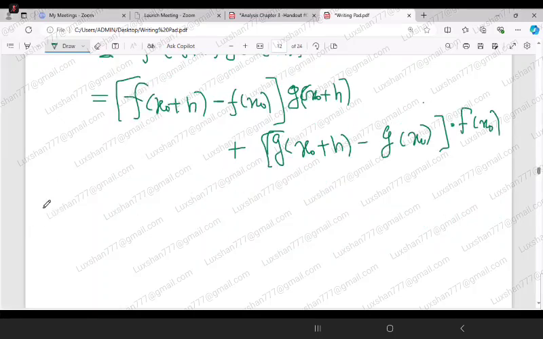Now I'm going to divide it by h. So if I divide it by h, on the right hand side, I have pi of x naught plus h minus pi of x naught.